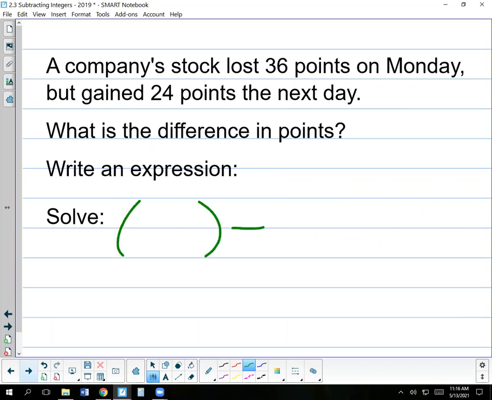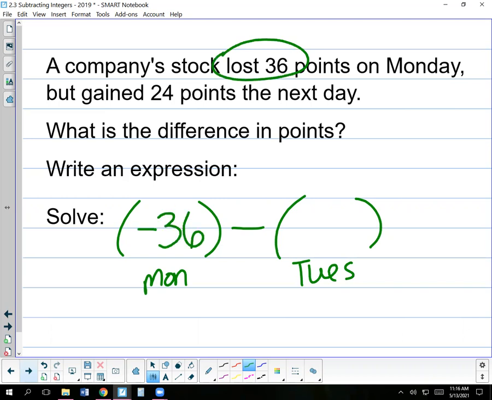So we have Monday, right? This would be Monday, and this would have been the next day, Tuesday. They lost 36 points. What does that integer look like? Minus 36. But they gained 24? Plus 24, or just 24, right?